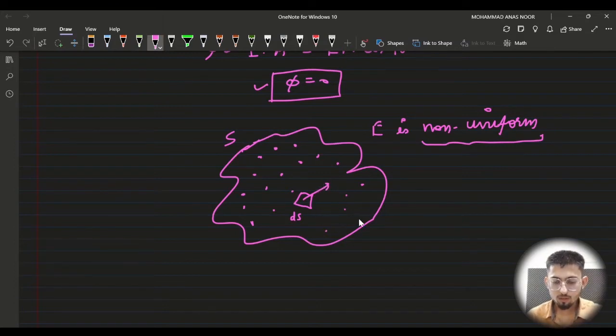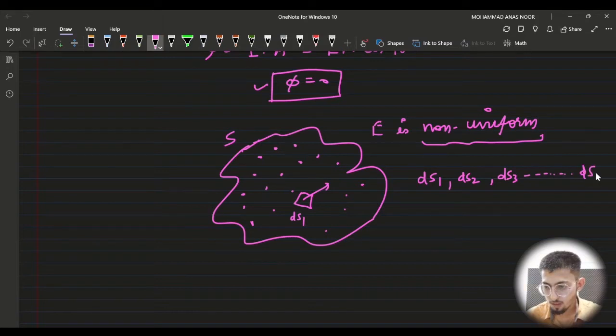So what we do in this case is we take n small areas, ds1, ds2, ds3, up to dsn, let's say. And the corresponding electric field at each one of these areas, let's say it is E1, E2, because it's different, that's how we are assuming it. The electric field at every point is different. There would be many electric fields, up to En.